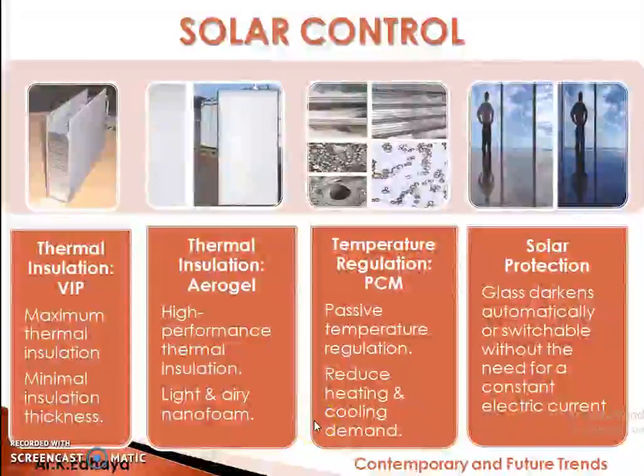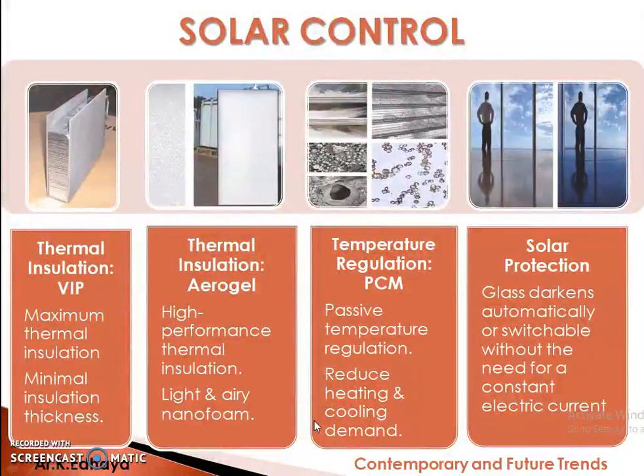So next we are going to see about solar control. In solar control, the first is going to be the thermal insulation panels. Here these panels are going to help in reducing the amount of thermal radiation which is going to enter into the space through your surfaces.